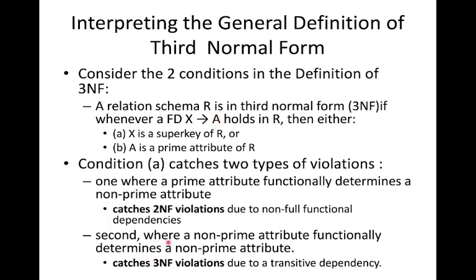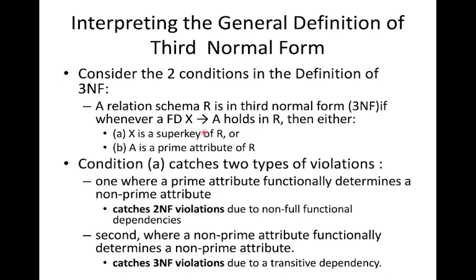So that is how we remove this condition. If A is made a prime attribute, then automatically third normal form will also be satisfied. So with this condition, where a non-prime attribute functionally determines a non-prime attribute, this condition is also removed here. So it catches third normal form violations due to transitive dependency. So this B condition catches this third normal form violation also.